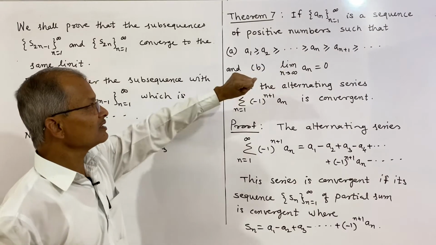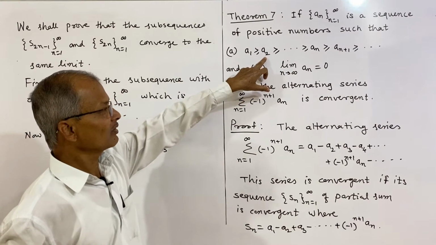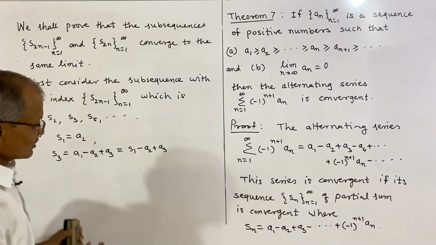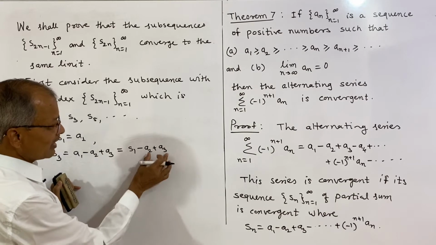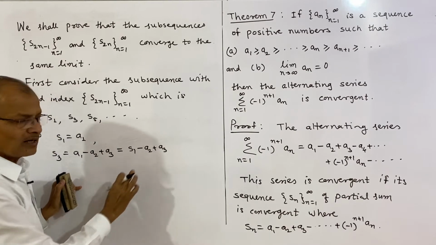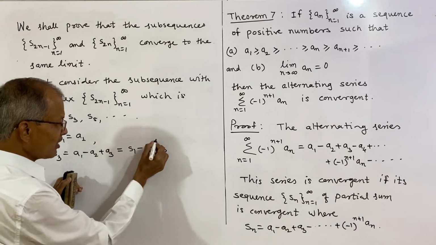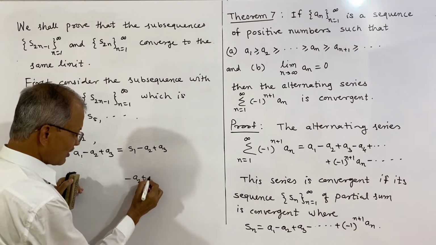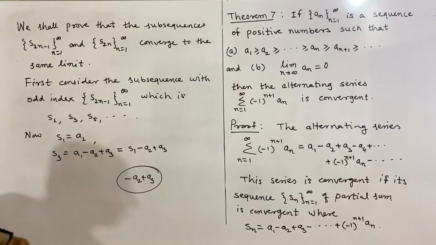This sequence is non-increasing, that means a1 is greater than or equal to a2, which is greater than or equal to a3. Numerically a2 is greater than or equal to a3, but it is with a negative sign, and therefore minus a2 plus a3 will be negative, that is less than or equal to 0.